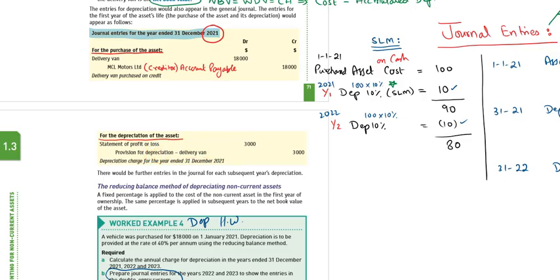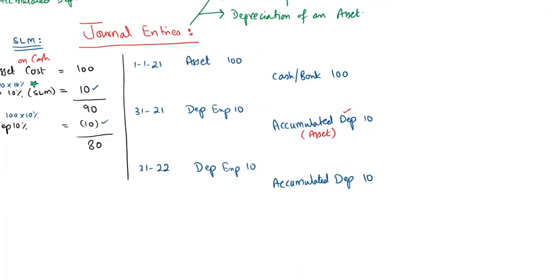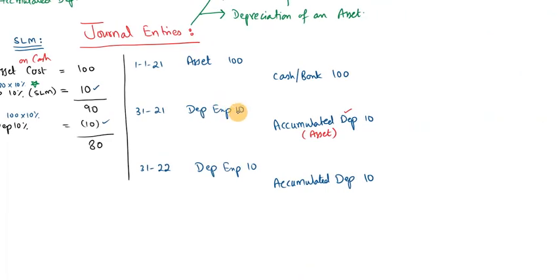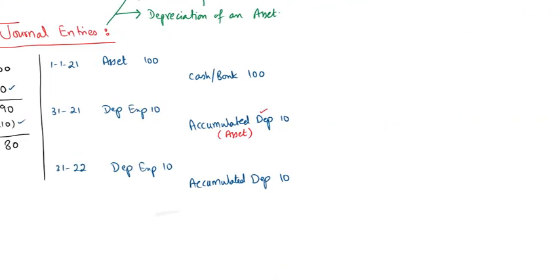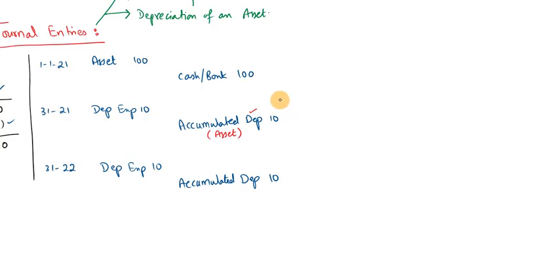So we know that this depreciation amount, when we transfer this entry into the statement of comprehensive income or profit and loss account.